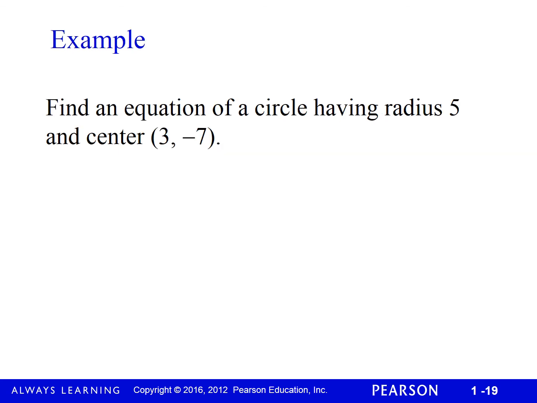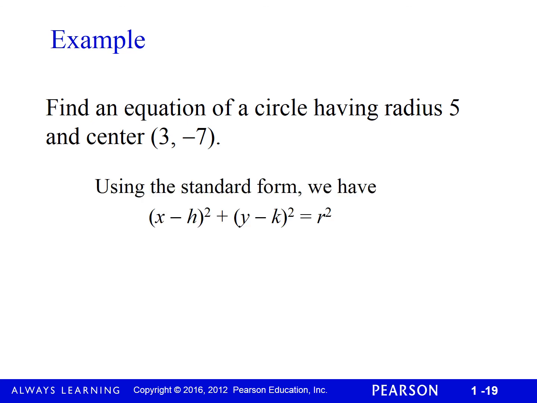Find an equation of a circle having radius 5 and center 3, negative 7. So we go to our standard form, and here we have h equals 3, k equals negative 7.